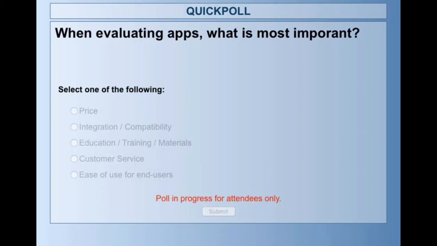I know they're all important, but what is the most important? We'll have the question up for a minute, 90 seconds or so. When evaluating a third-party app, what is the most important from the 5 choices there? I'm sure there are more choices, but this webinar system only allows us to do 5.